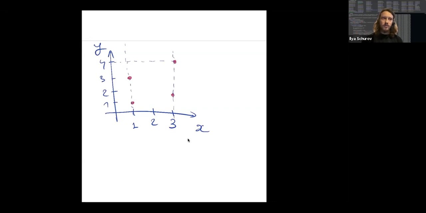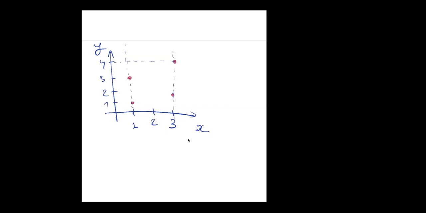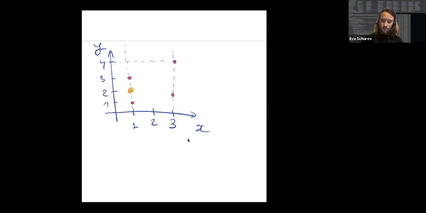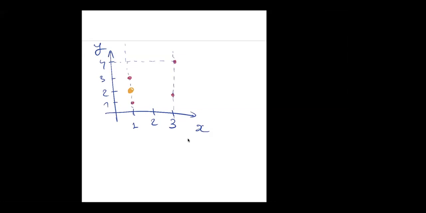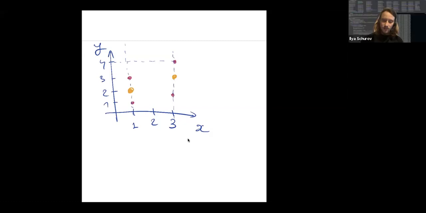How do you think? So x equals 1 and y equals 2 in the first dot, and the third dot should be x equals 3 and y equals 3. Exactly. In fact, this is a straight line like this.